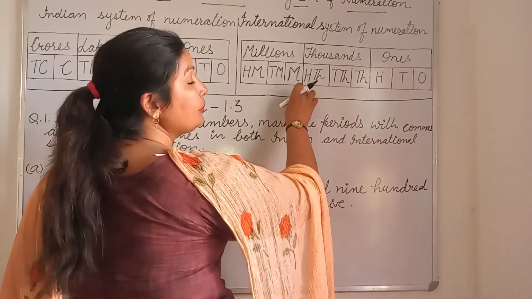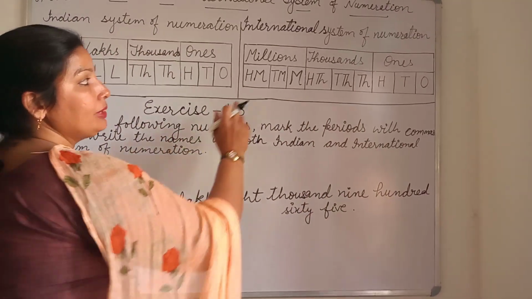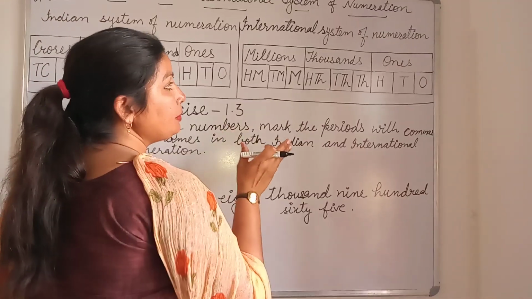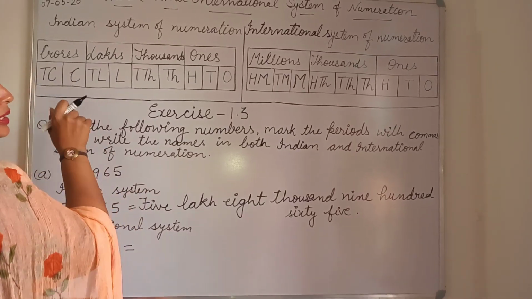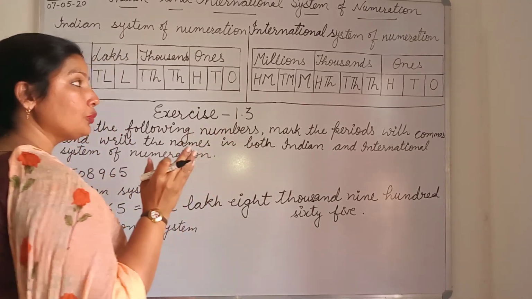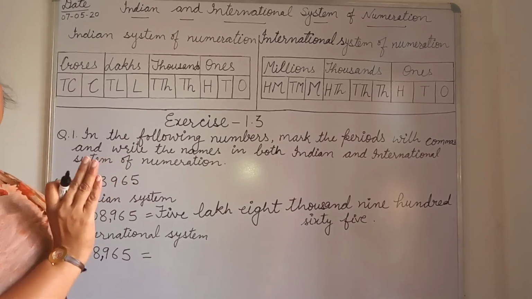So till hundred we are having places. That's why we should speak hundred also. In million also: million, 10 million, 100 million. That means in each period there will be a 3-digit number. In the Indian system a 2-digit number and in international a 3-digit number. So no need to be confused. And when you speak in international, every time hundred will come.